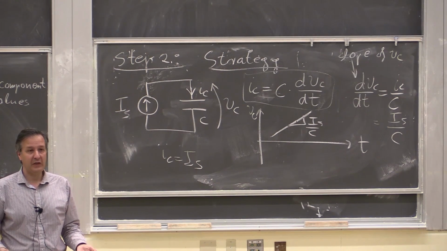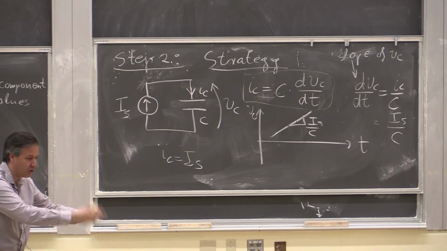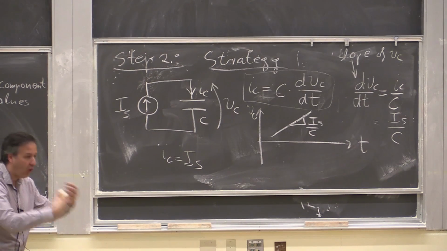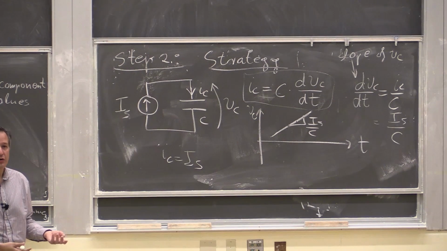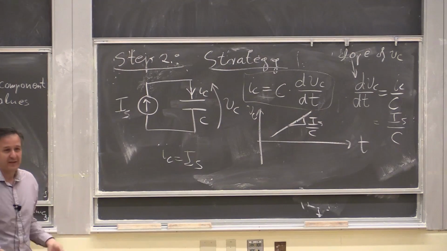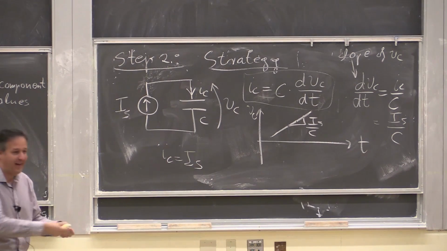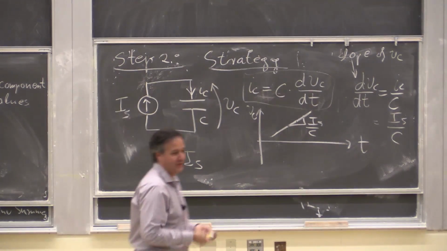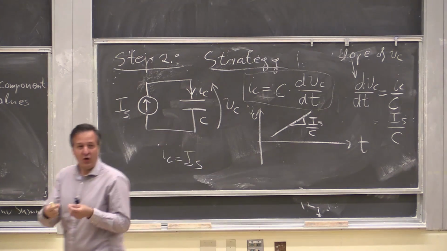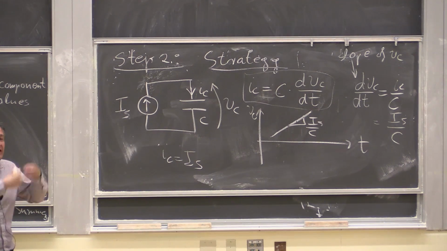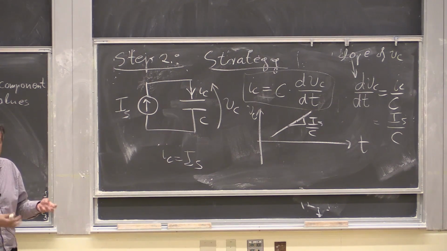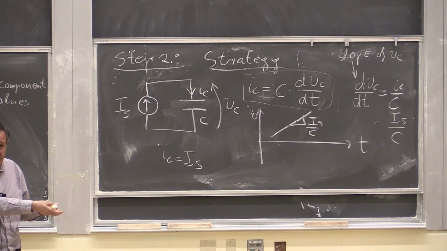And indeed, as I'm dumping charge on this capacitor, it's harder and harder to add new charge. It's so crowded over there. It's like San Francisco, like adding another apartment. It's kind of hard, and the price for adding a new piece of charge is higher and higher. That's your voltage.